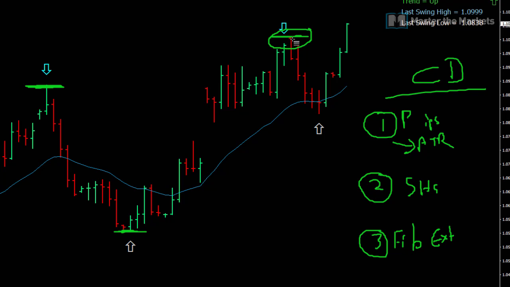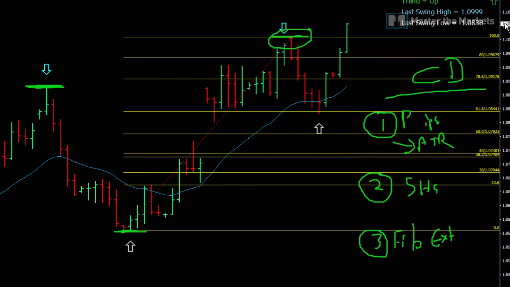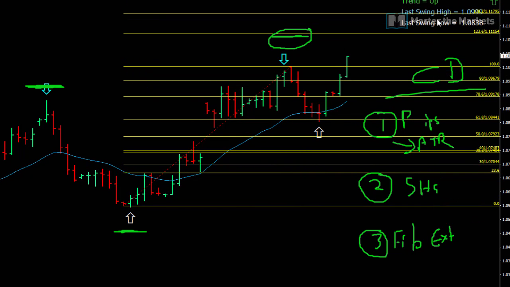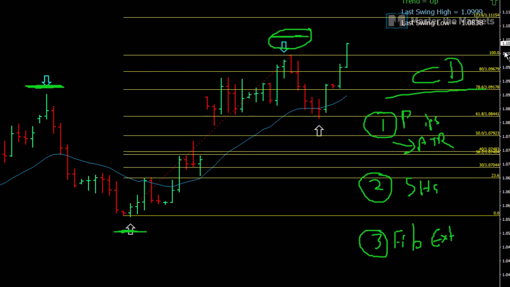For example, let's do this. I'm taking that as 100%. So 123 is over here, 138 is here. You have to do your stats-based research studies. Where does price usually go to? Is it 123.6%? Is it 138.2?